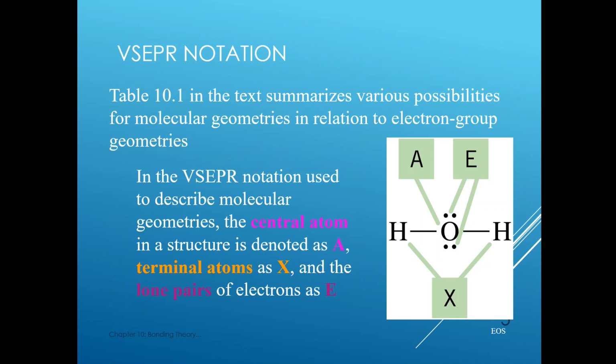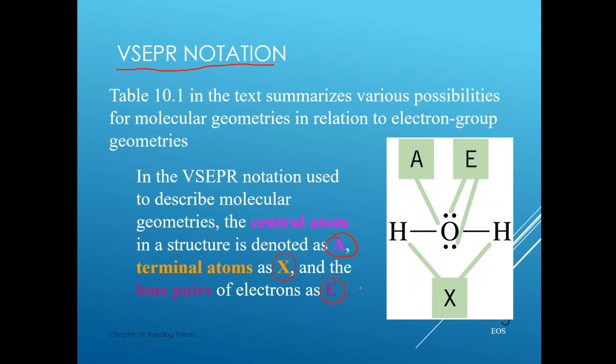All right. Okay. So the next thing we're going to talk about is how do we represent the arrangement of electron pairs around the central atom. And we do that by using what is called the VSEPR notation, right? Basically, according to this notation, the letter A represents the central atom in the molecule. The atoms bonded to A will be represented by X, and the electron pairs on the central atom will be represented by E, all right?